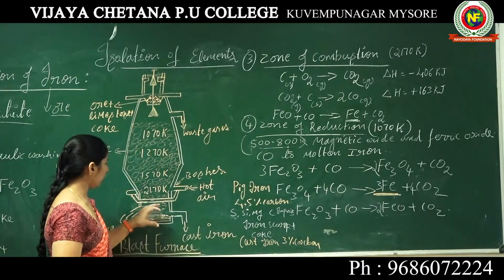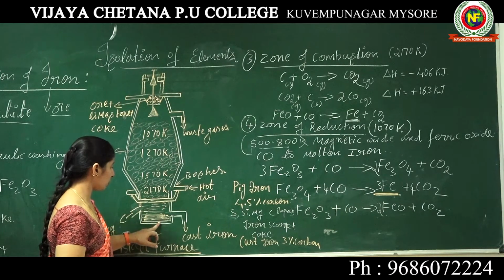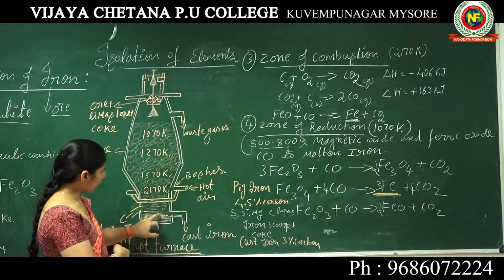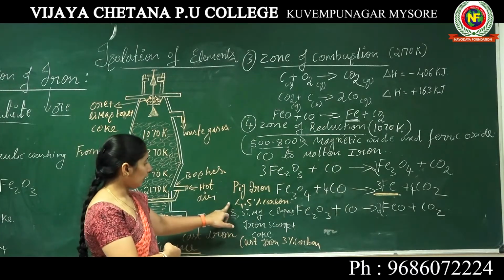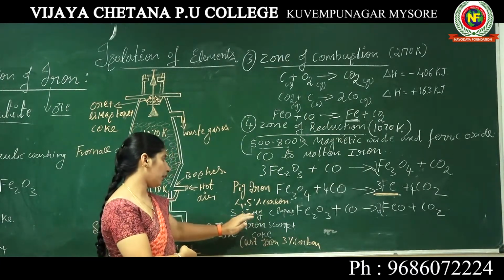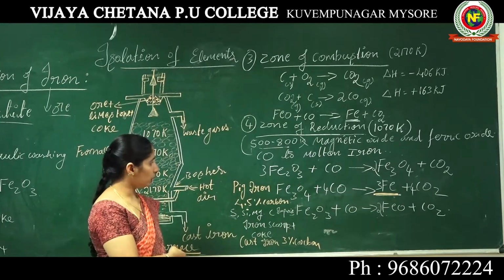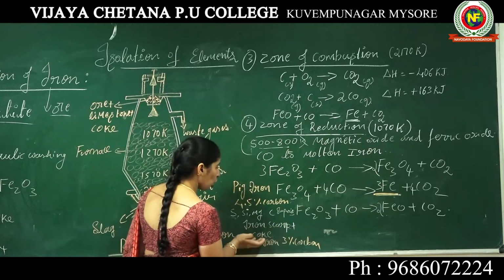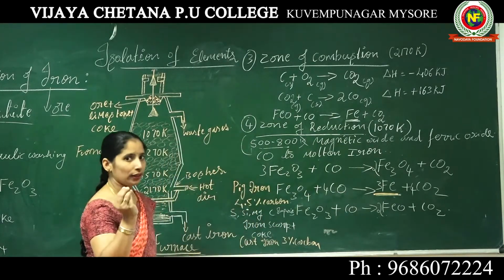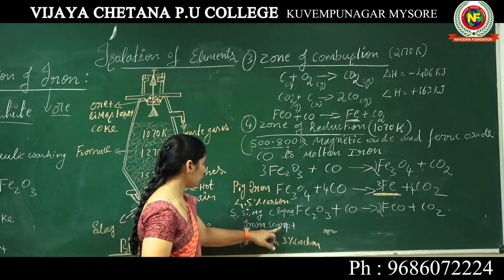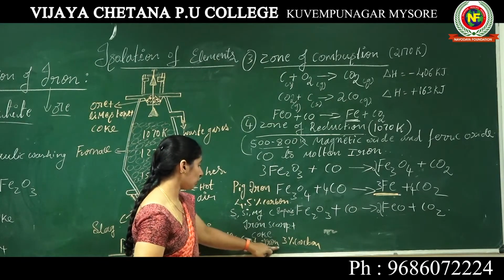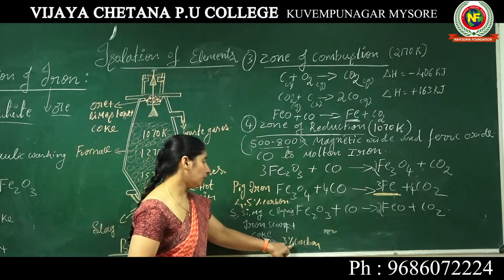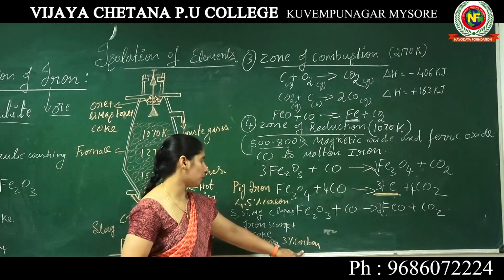So the pig iron collected at the bottom of the furnace contains 4.5% of carbon and other impurities. This pig iron is mixed with iron scrap plus coke, pieces of iron mixed with coke, to form what we call cast iron, which contains 3% of carbon.